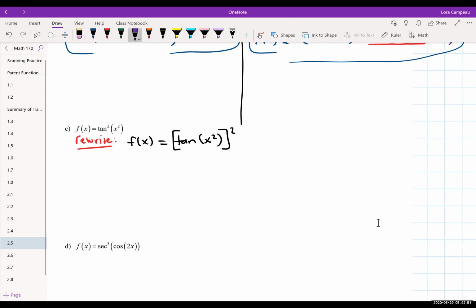I've got one of the insides being tangent of x squared. I also have the next inside. Inside of that, maybe I think about it as a nest if you want to go sideways. Whatever helps you. So inside of the tangent x squared is also an x squared.